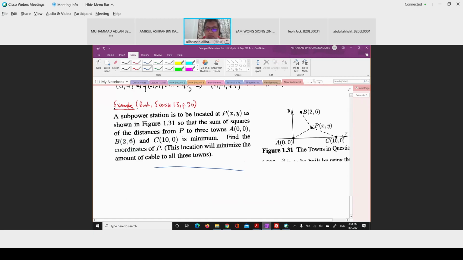A, B, C are three towns with the coordinates as shown. So we want to locate a sub-power station P here in such a way that the sum of the total distances of P from the towns is as small as possible.